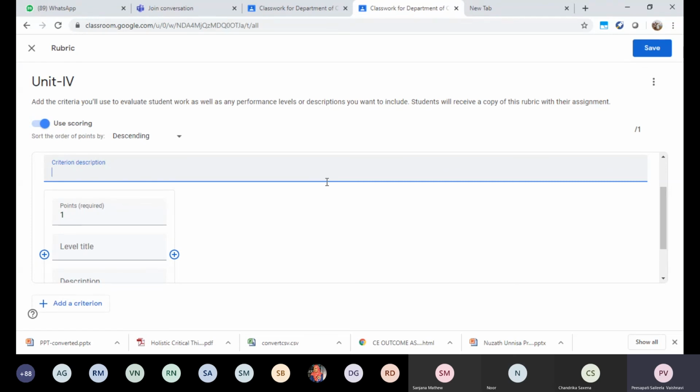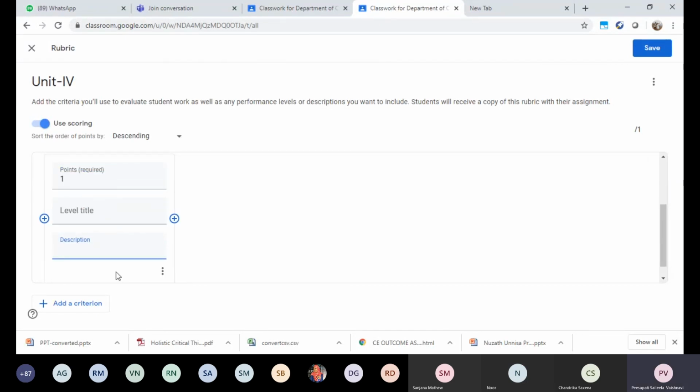Let us suppose I want to evaluate it based on something general, like completion status. Can we take up completion status? I can give points, and I can describe up to what completion status, up to this, up to that, I can describe.